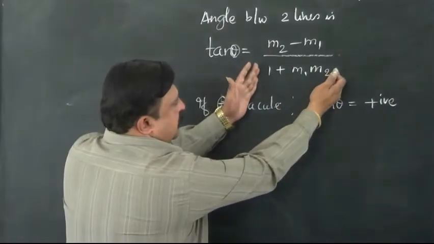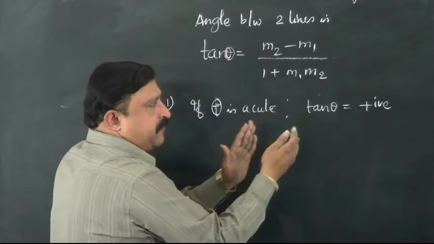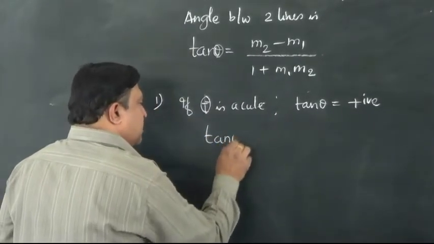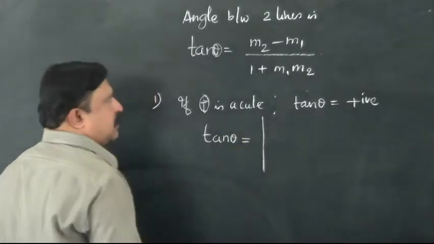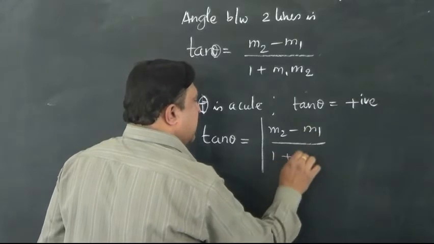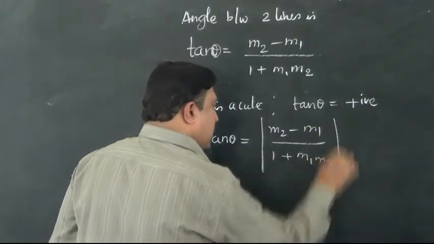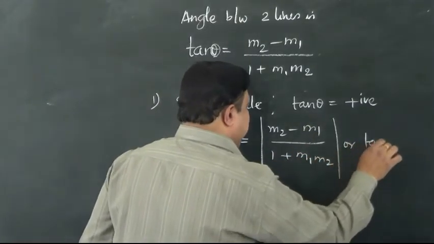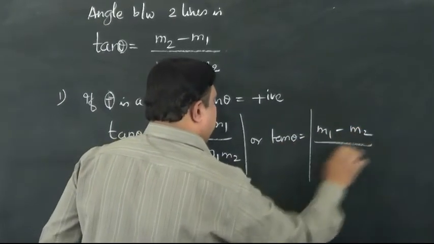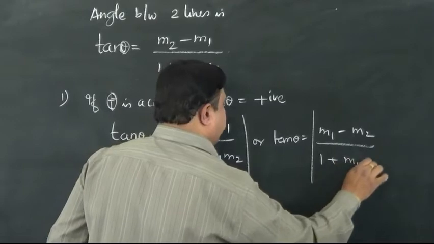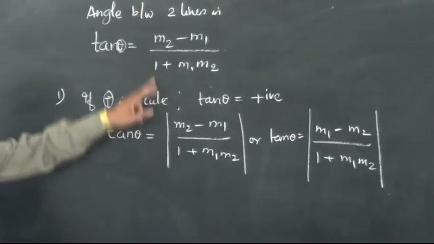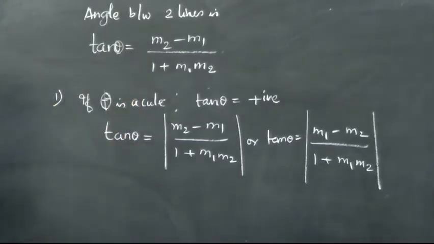This expression is always positive if theta is acute. Therefore, this formula is also sometimes written with a modulus as m2 minus m1 divided by 1 plus m1 m2, or you can write tan theta equals modulus of m1 minus m2 divided by 1 plus m1 m2. So whenever theta is acute, generally this formula is written with a modulus sign.